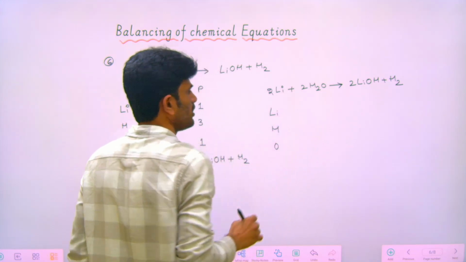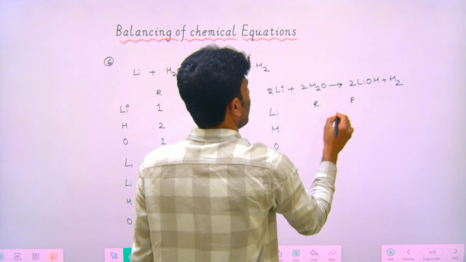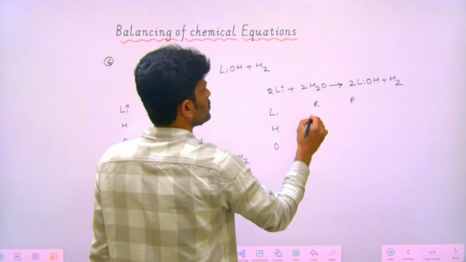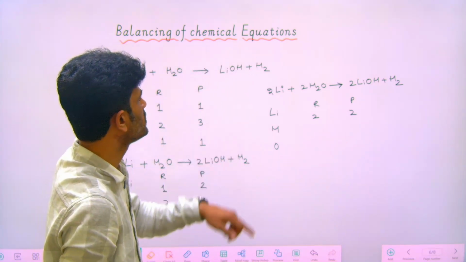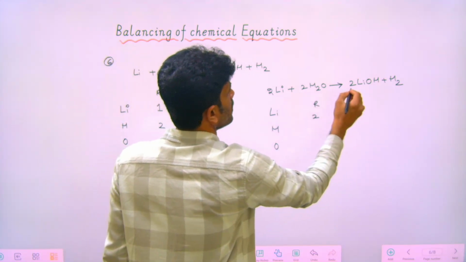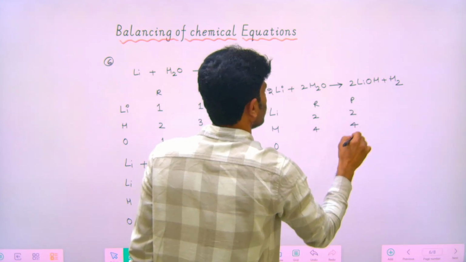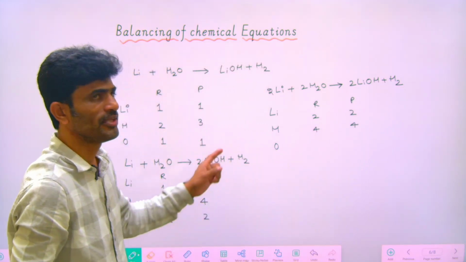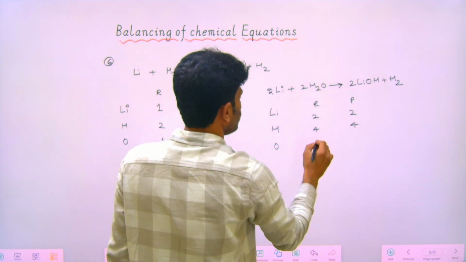hydrogen and oxygen on both the sides, reactant side and product side, how many lithiums do we have on both the sides? 2, 2. How many hydrogens do we have on both the sides? Here 4, here also 2H, here 2H. So here 4, here also 4. And how many oxygens are there? Here 2 oxygens, here also 2 oxygens.